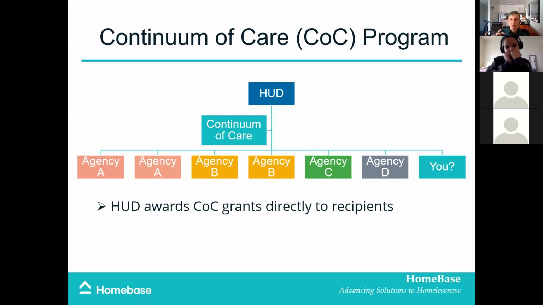It's not part of the competitive pot of funding that organizations in the community can apply for. It is a separate special pot of funding that HUD sets aside and says, okay, each community, you can ask for up to this much money in planning. And the only organization that can apply for that planning grant is the collaborative applicant.